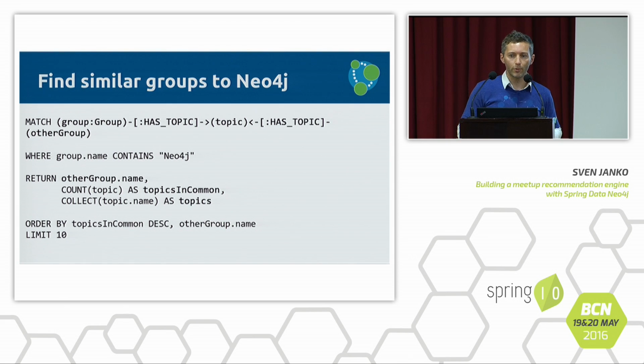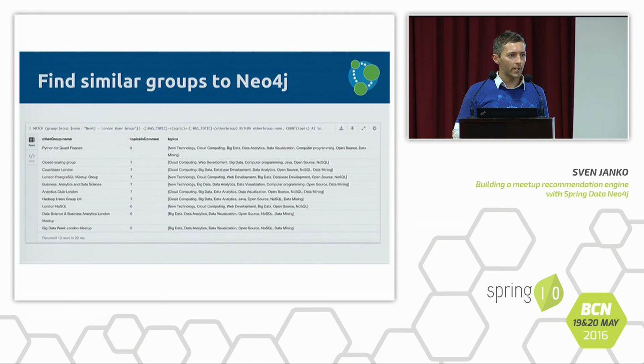And then we are returning the name of those other groups. And we also use aggregation functions and return the number of hits in that case that are in common with the Neo4j group. And then we simply order it and say we just want to have 10 of them. So that's then the result.